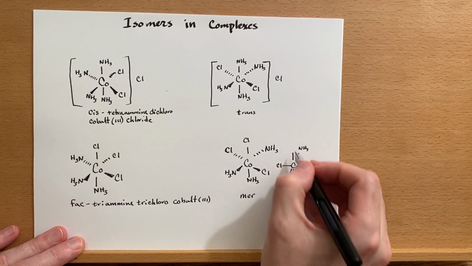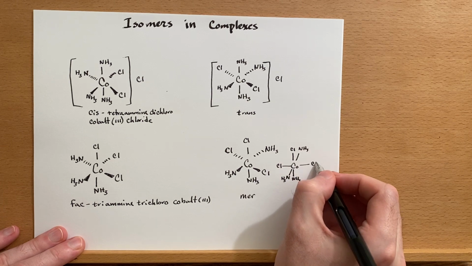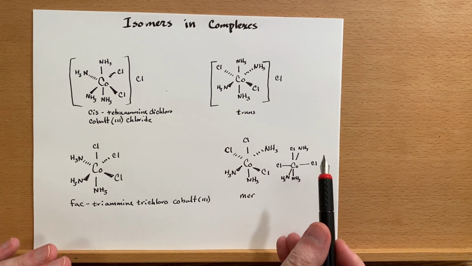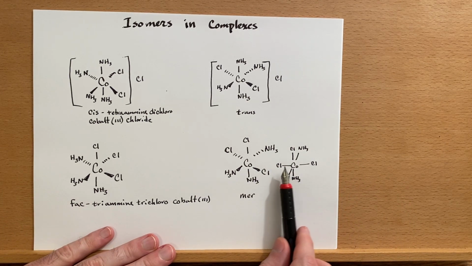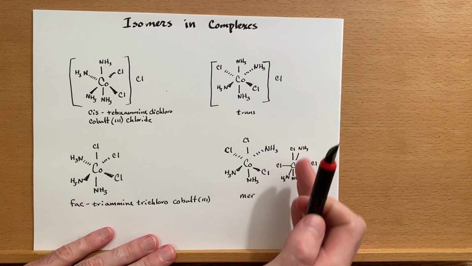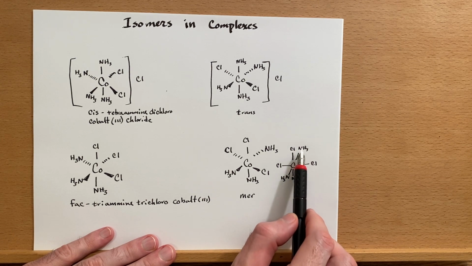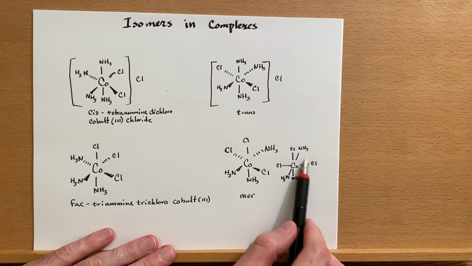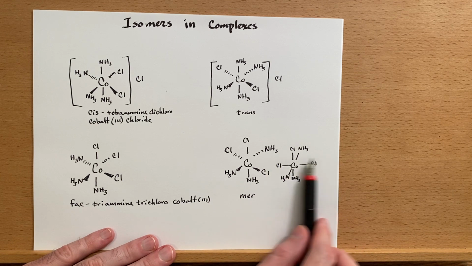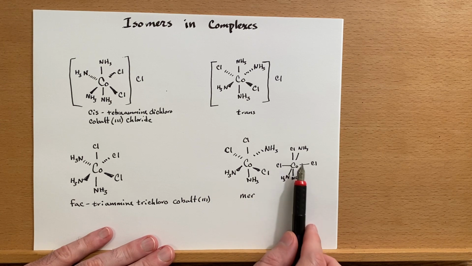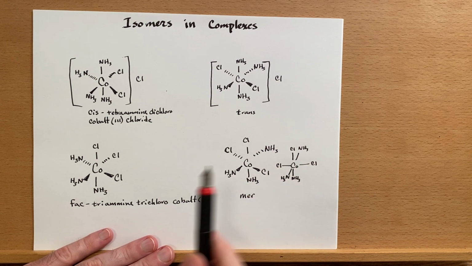And then my Cls are like this. So in this case, I've drawn the Cls in the plane of the paper, and then the ammonias are all like this one's coming out of the page and that one's going into the page, right? So these are all in one flat meridian, right? One plane. And these are all contained in the same plane.